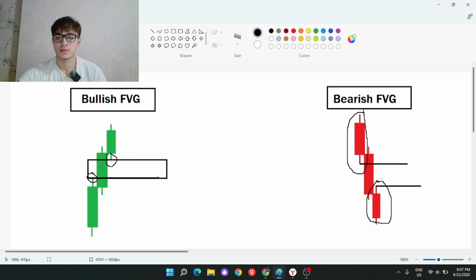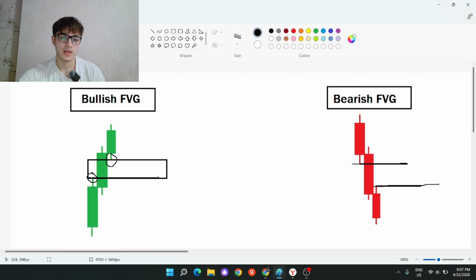This is our gap between these candles. And how we mark it: we look at the first candle's bottom wick and the third candle's top wick.